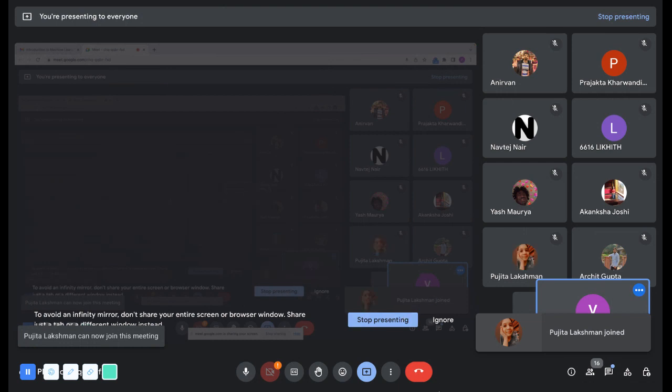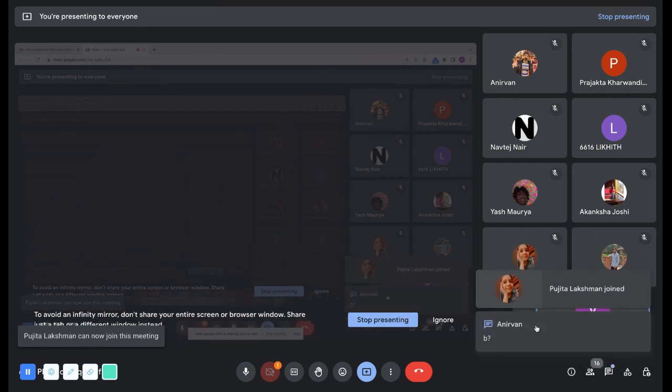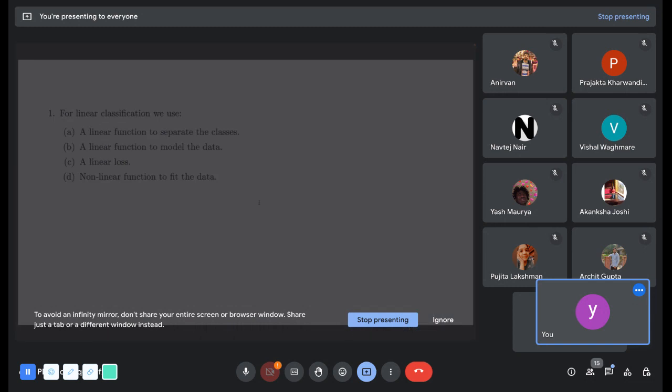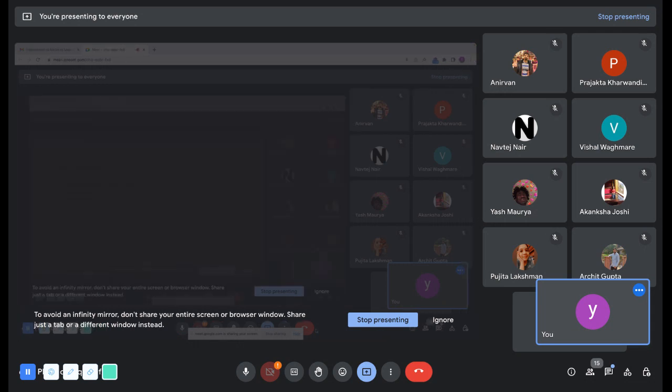It's a B. No. We don't model the data for the classification task. Any other guesses? You can type in the response.